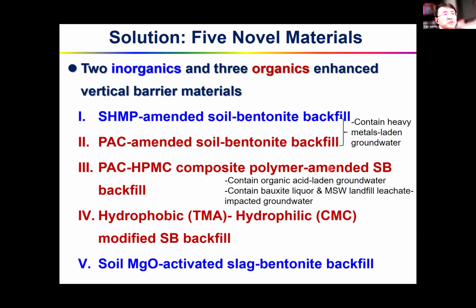Number three is to contain organic acid in groundwater, to contain bauxite liquor and landfill leachate impacted groundwater. Number four is proposed to contain phenol impacted groundwater. Phenol is a dissolved organic frequently detected in groundwater at pesticide contaminated sites.